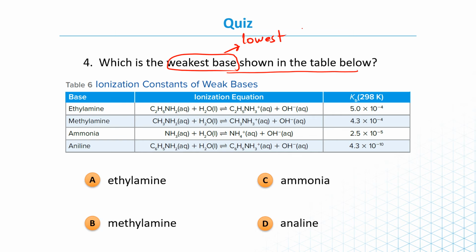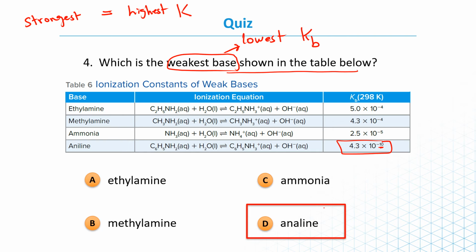When they say weakest, it means lowest Kb; when they say strongest, it means highest K. Of course, if it's an acid it's Ka, and if it's a base it's Kb. Okay? So of course the weakest here is this one, right? Because this is to the power of minus 10. So it will be aniline.